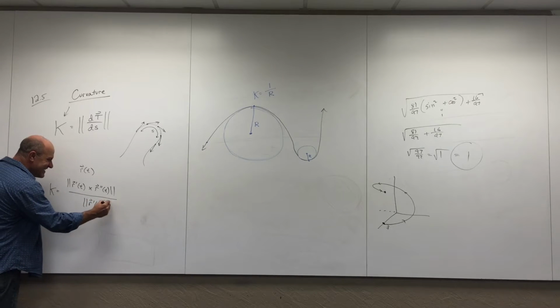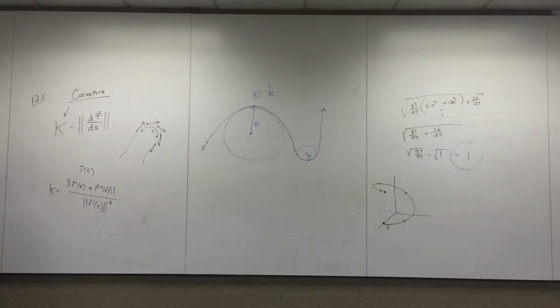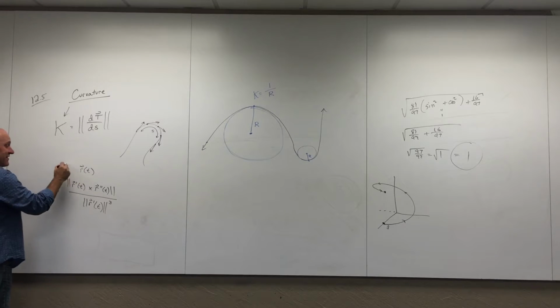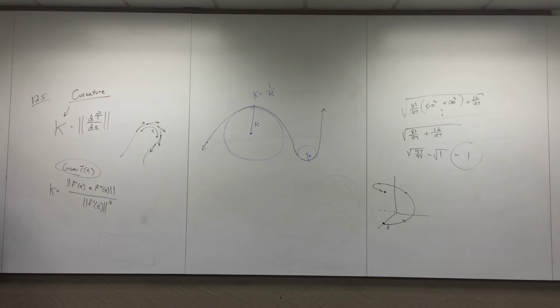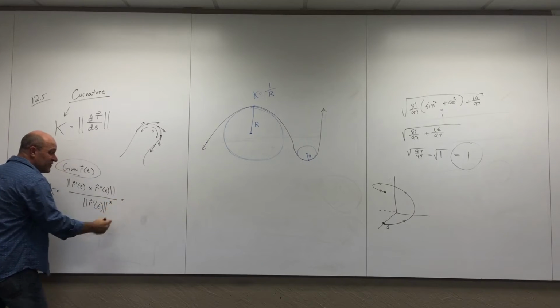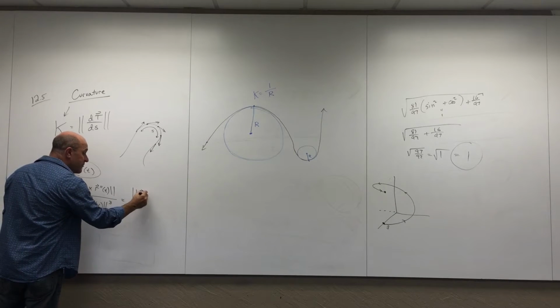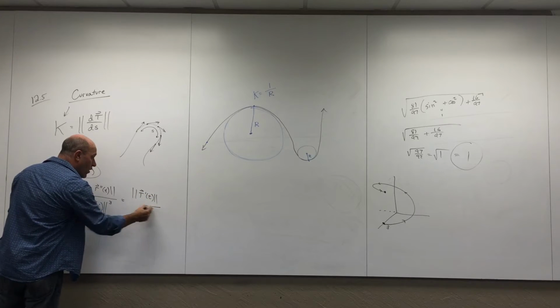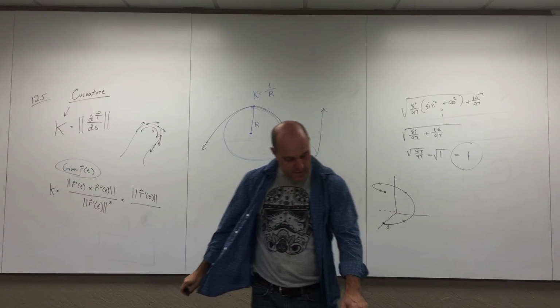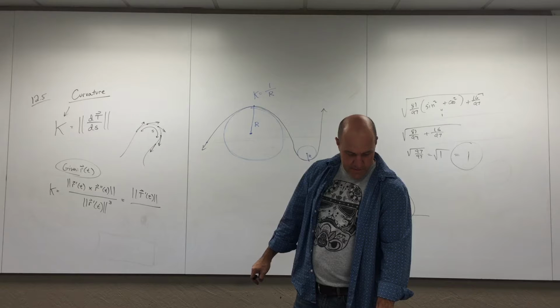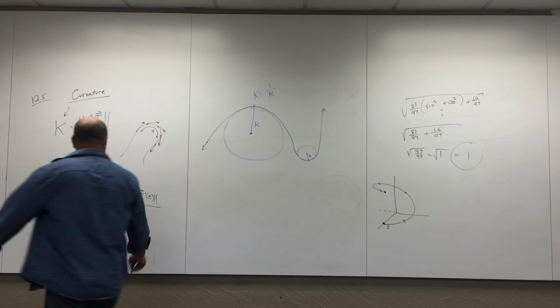Wow, there's a formula. Your book says this is equivalent to the magnitude of T prime of t over the magnitude of r prime of t.